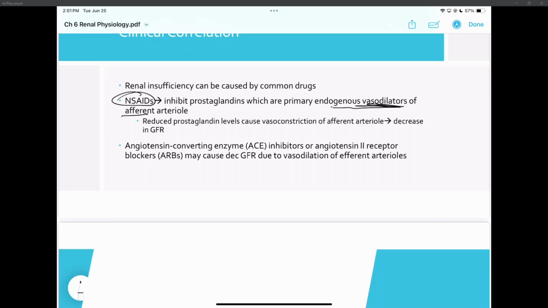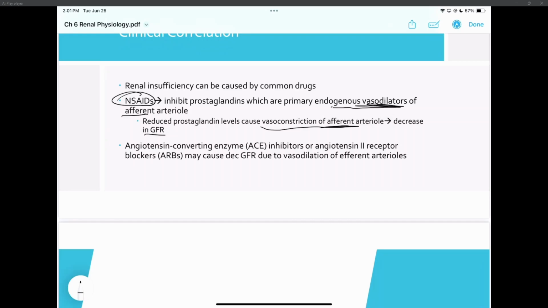So if you reduce prostaglandin levels, it will cause vasoconstriction of the afferent arteriole, decrease your GFR. So you have a patient who's already got kidney failure, and you give them NSAIDs, which makes their renal blood flow even worse, which makes their GFR go down even worse. So you don't give NSAIDs because it affects the afferent arteriole.